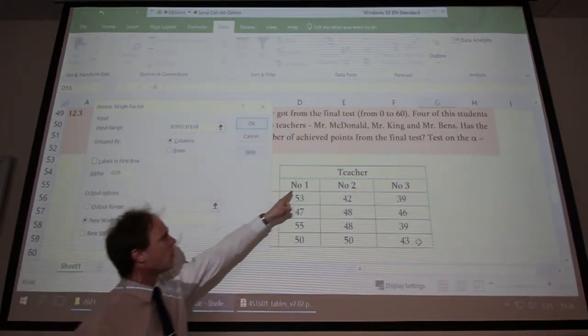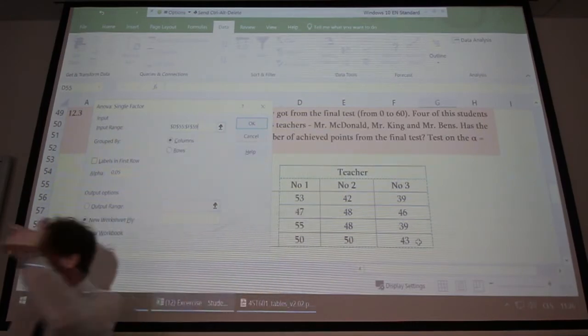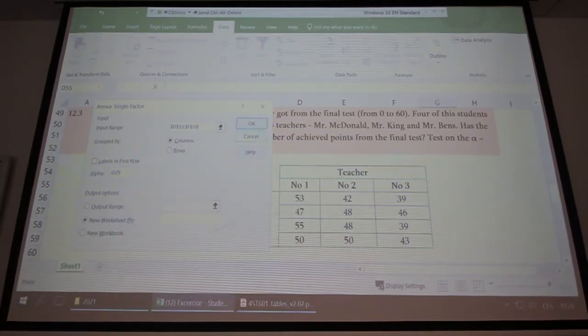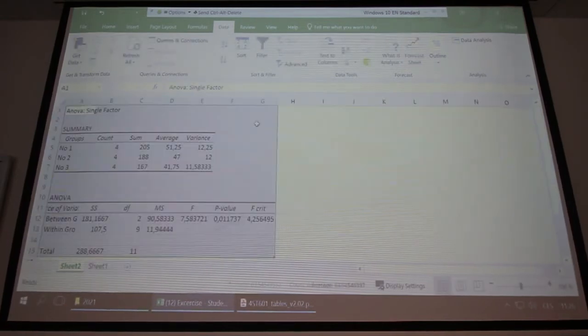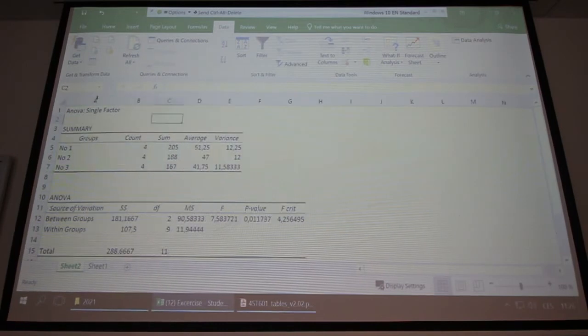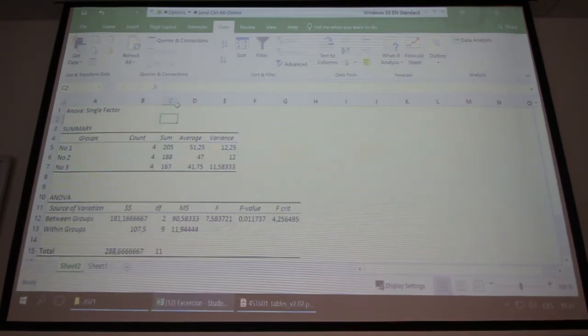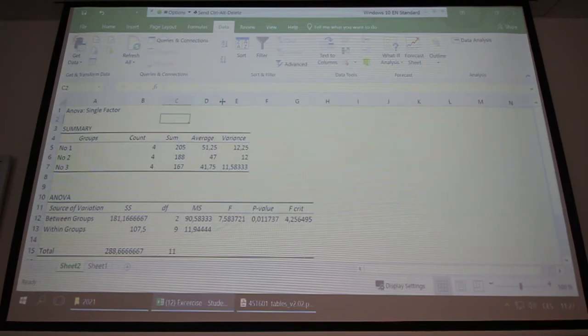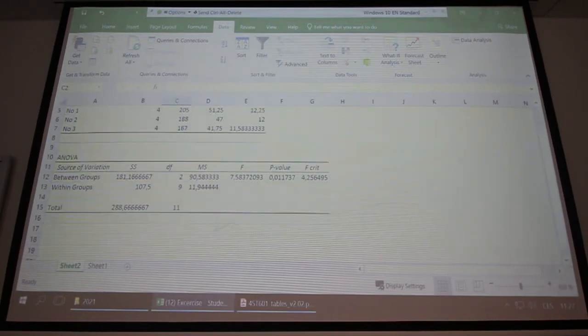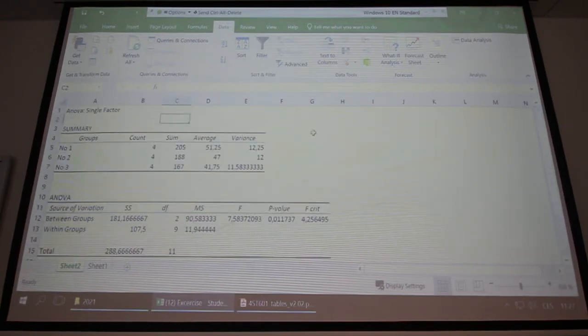I also selected number 1, number 2, number 3. So I have labels in first row, and that's all. I can click on OK, and you will see the result here. I will zoom this document. Okay. So yes, that's all. Nothing more is here.